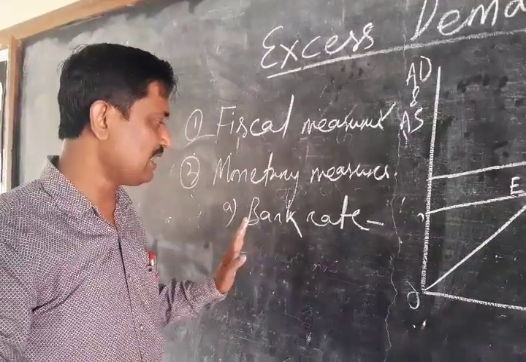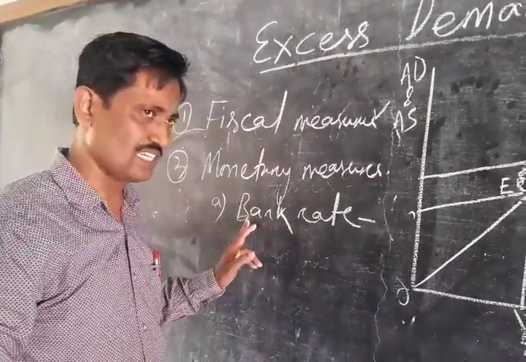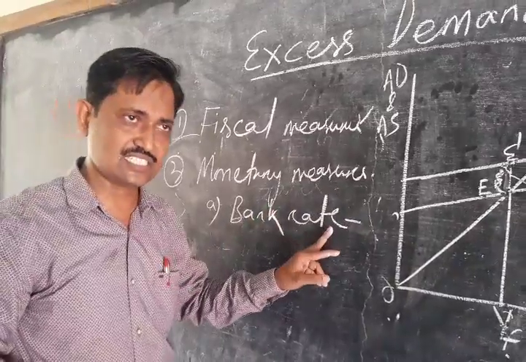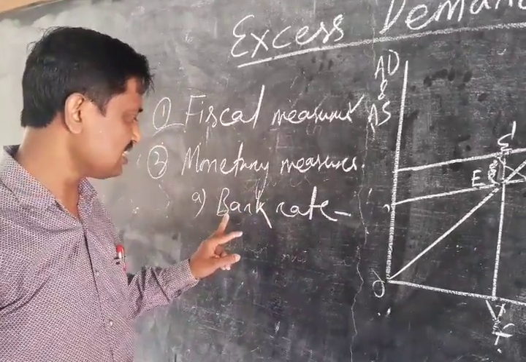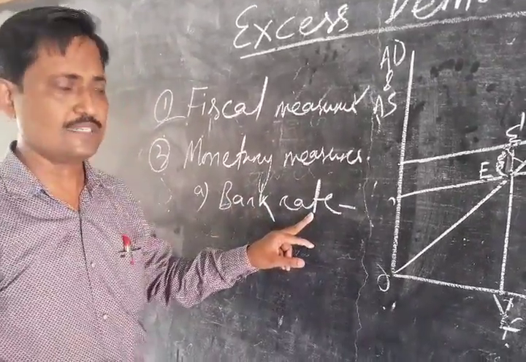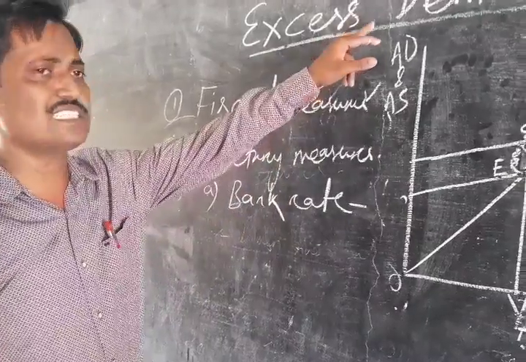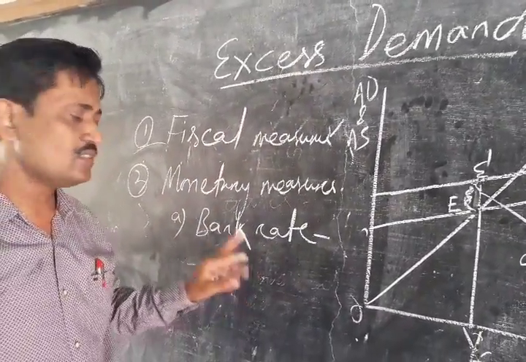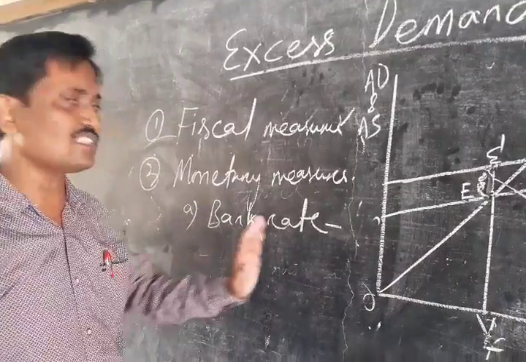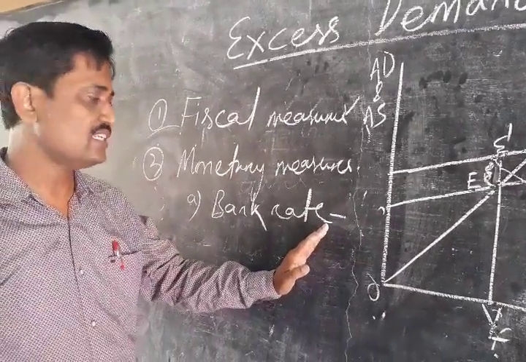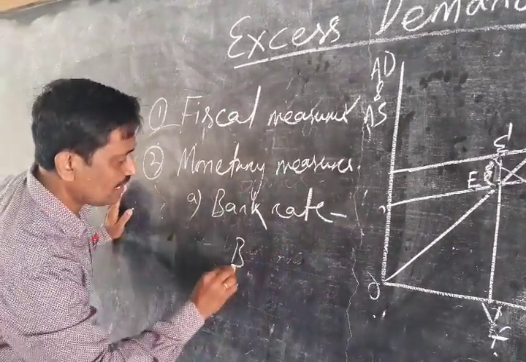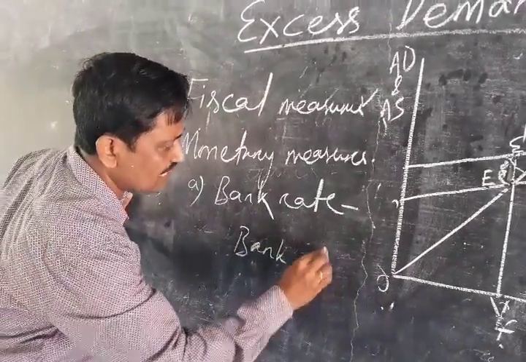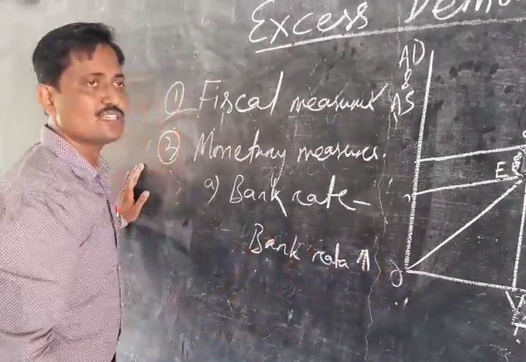When the commercial bank takes loans from the central bank, at that time the central bank charges one interest rate. That interest rate is called bank rate, right? So during excess demand, what does the central bank do? The central bank increases the bank rate.